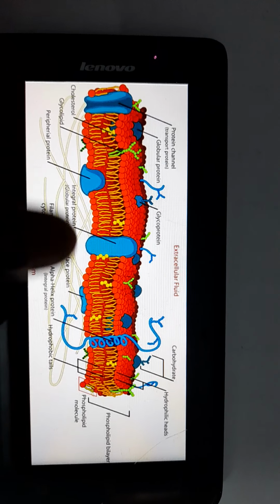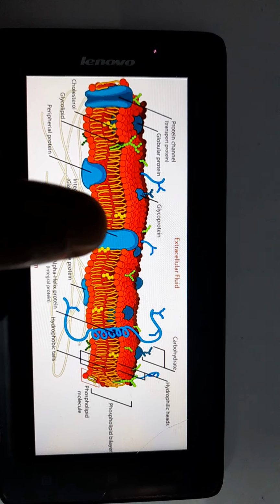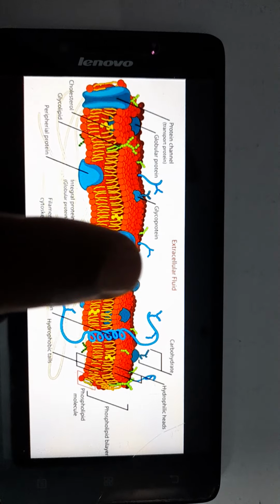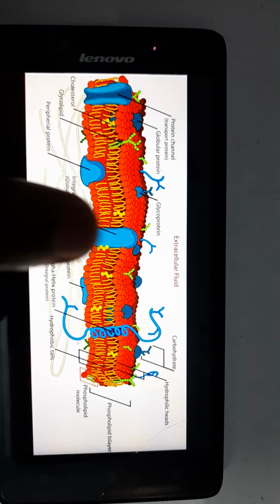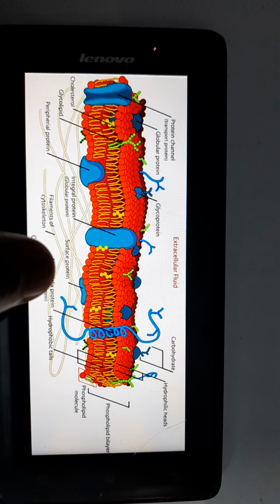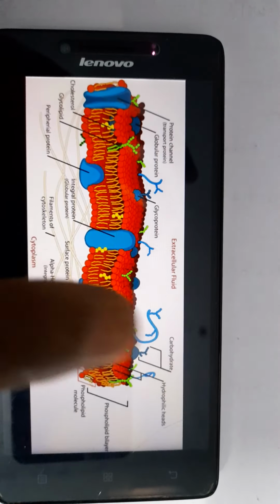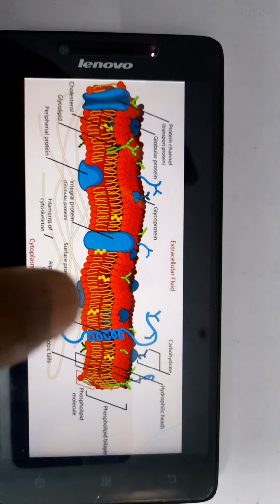Completely it is cytoplasm. It is the plasma membrane. It is outside the plasma membrane, or extracellular fluid towards the cell wall. So here the materials are transported from the cytoplasm to outside the plasma membrane, or from outside to inside also. Here the transportation is taking place across the membrane.